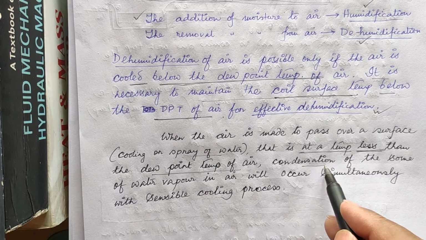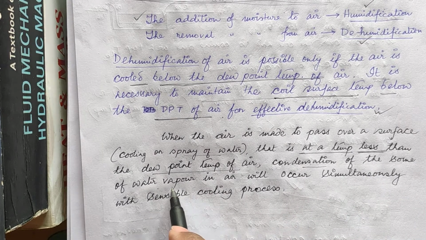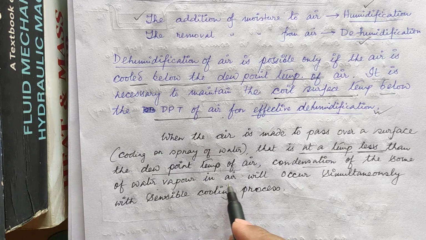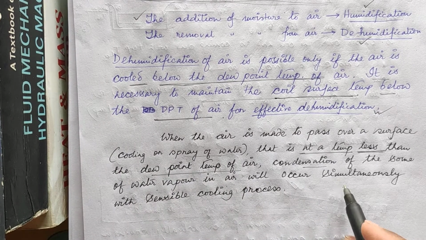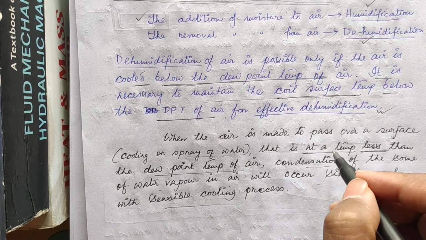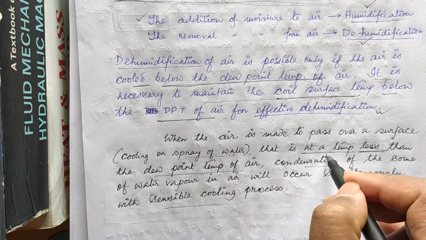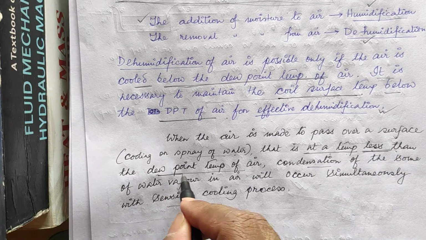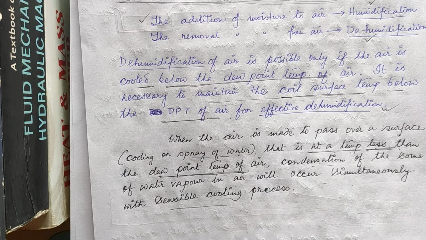The condensation of some amount of water vapor present in the air will take place along with sensible cooling. Here the condition is that the coil is to be maintained at a temperature less than the dew point temperature of the air. Now what is dew point temperature?